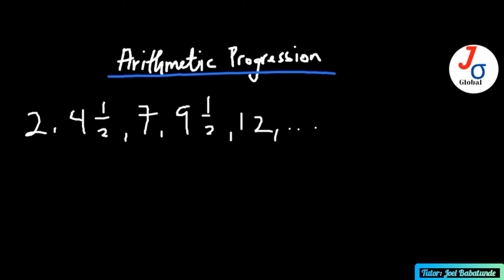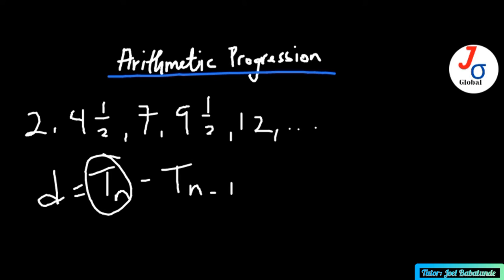What's the difference? Let me just tell you this. To find the common difference, the common difference is tn minus tn-1. That means a greater term minus the lesser term preceding it.